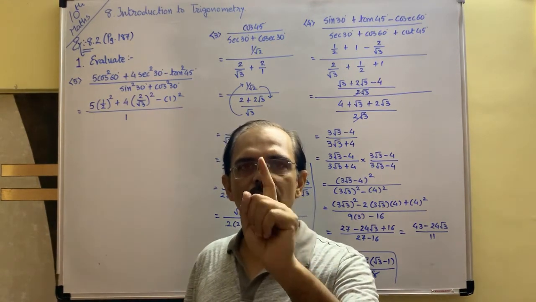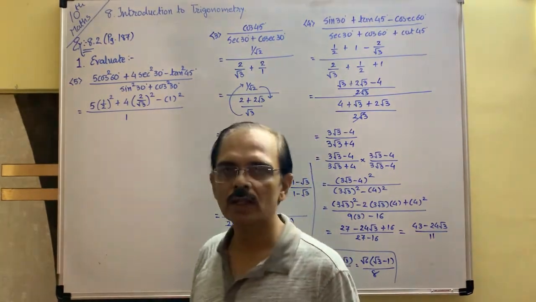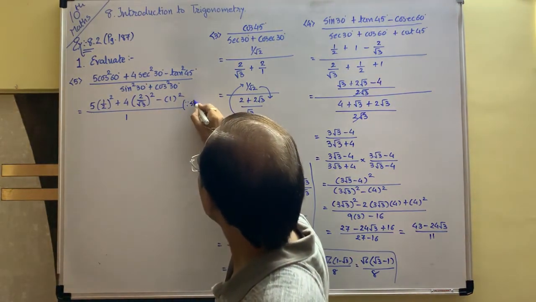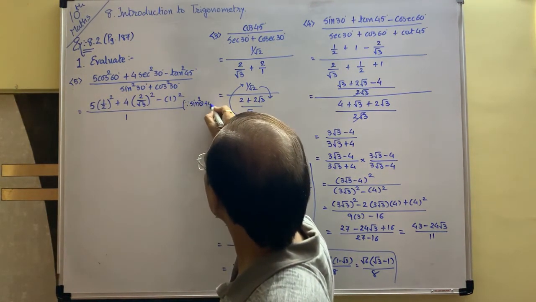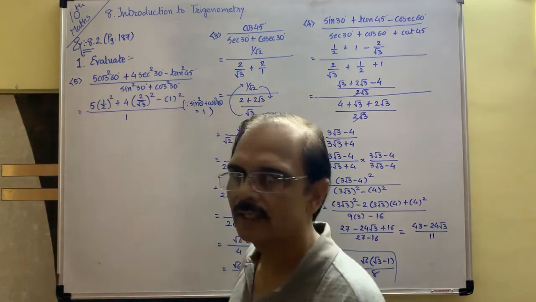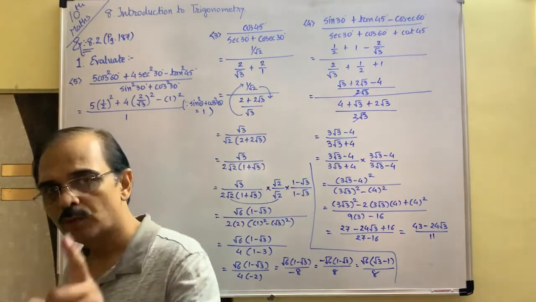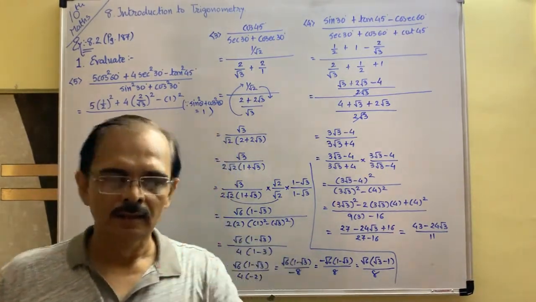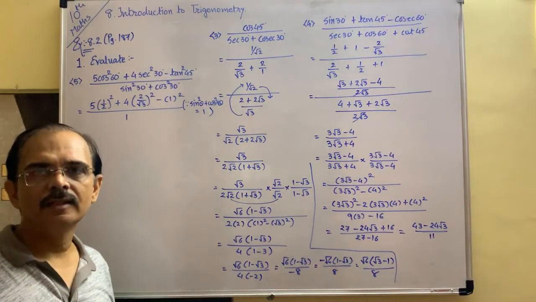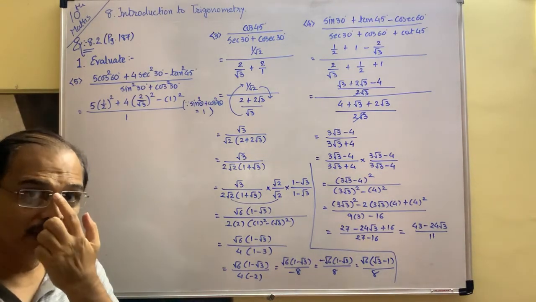Sin square theta plus cos square theta is 1. So you can write it directly, but at that time you must show the identity sin square theta plus cos square theta equals 1. It is possible only when theta is the same. So please be alert while using this identity.